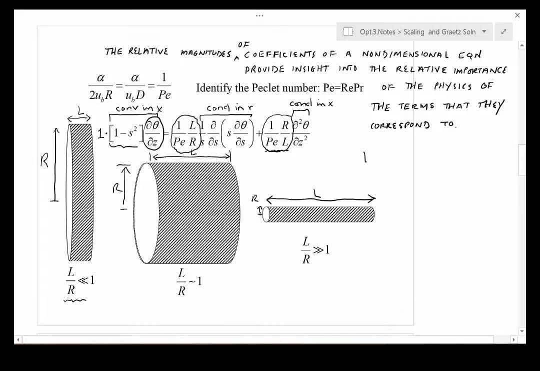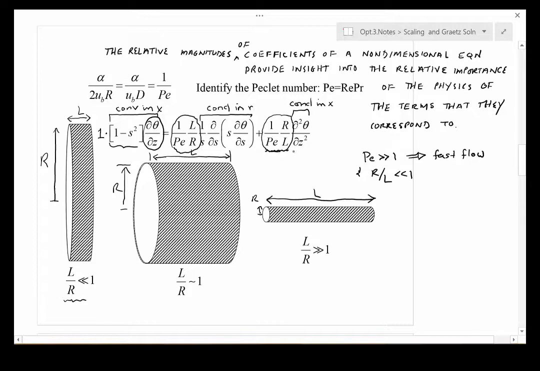So if the Peclet number is, for example, large, which corresponds to a fast flow, and if r is smaller than L, it immediately tells us that the coefficient here, 1 over Peclet r over L, is very small.